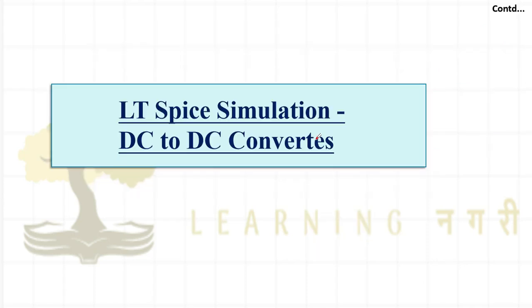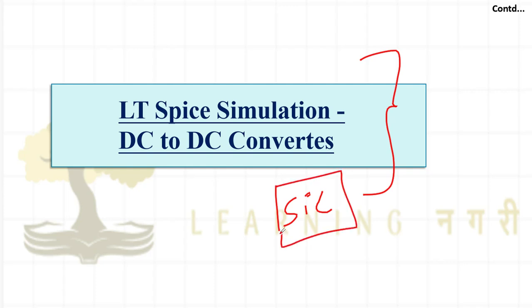Another thing I am going to do is provide you the LTSpice simulations of the DC to DC converter. What is the issue now? We have done one totem pole PFC where we used a MOSFET, because we can't have silicon carbide. But LTSpice is software where we can see the output voltage, distortion, everything, and we can use practical devices with their parasitic values and all.